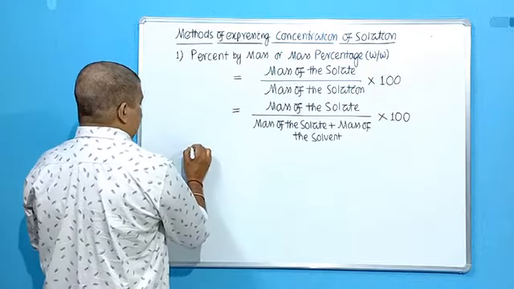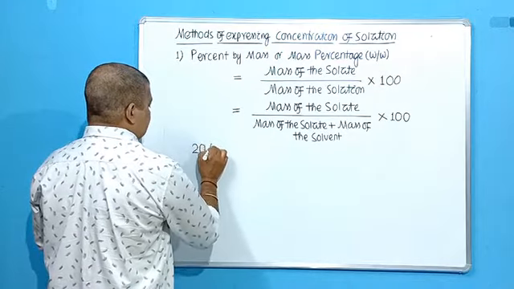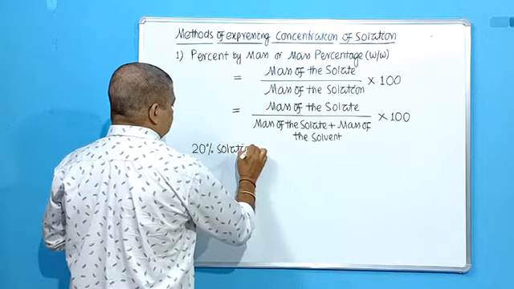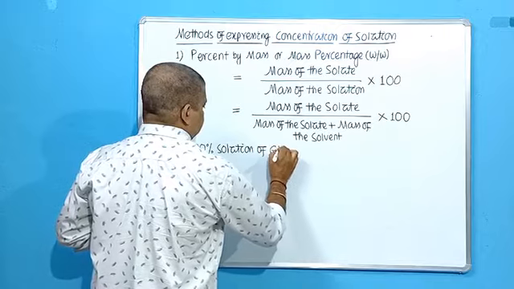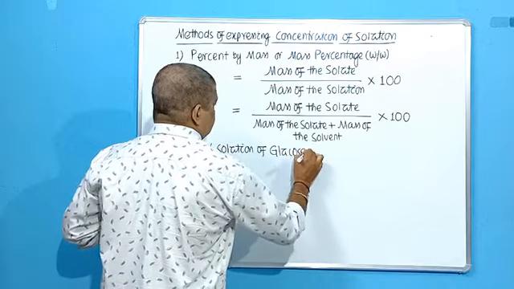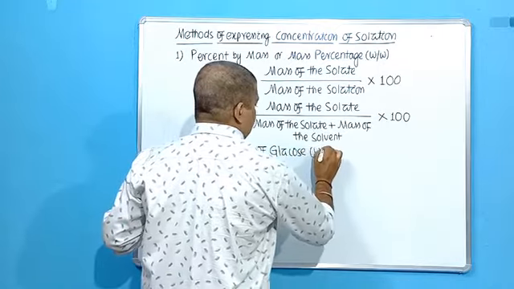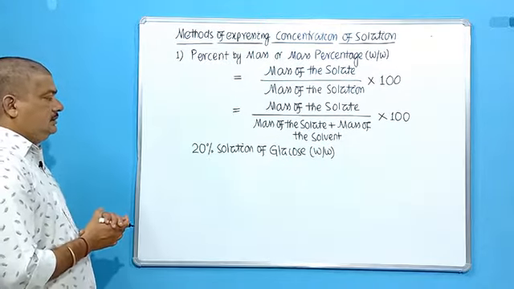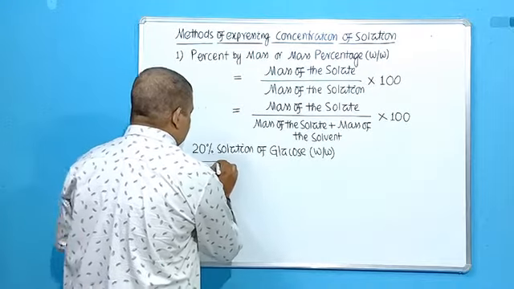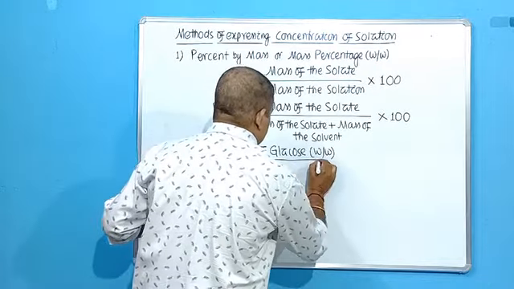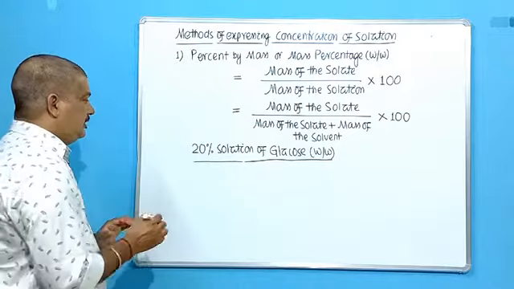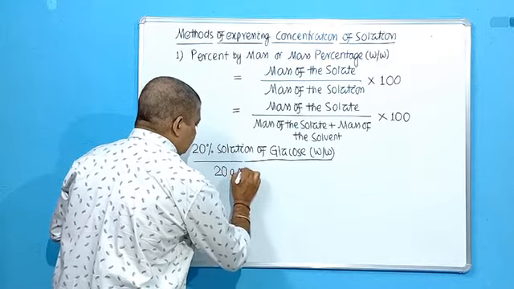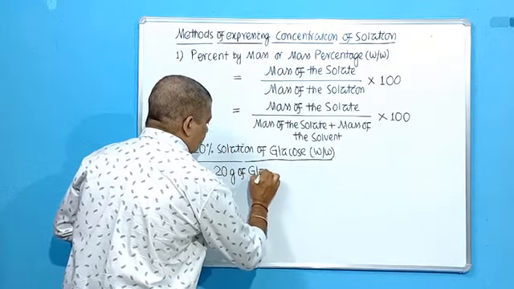Suppose we take a 20% solution of glucose, weight by weight. There will be 20 gram of solute, that is glucose.